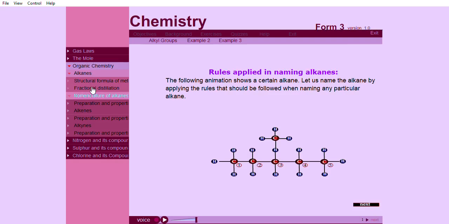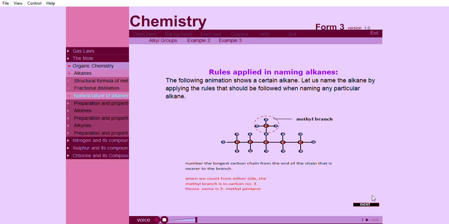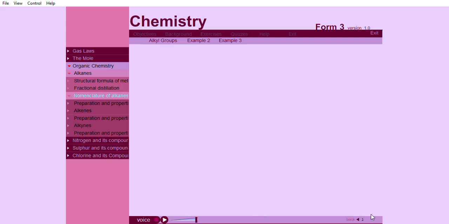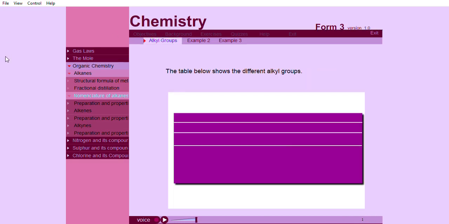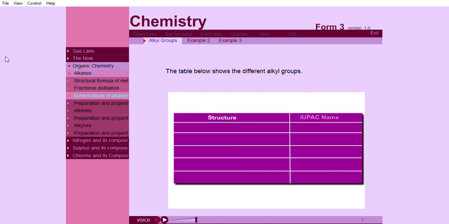The following animation shows a certain alkane. Let us name the alkane by applying the rules that should be followed when naming any particular alkane. The table below shows the different alkyl groups.